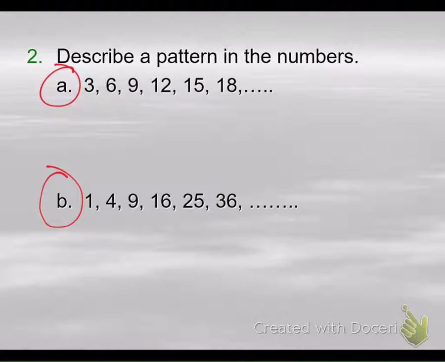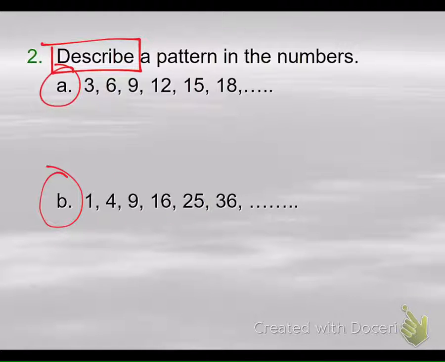I am going to read you the directions, so it says describe the pattern in the numbers. So you don't have to finish the pattern. You don't have to guess what the next number is. We're just describing it using words. So from a 3 to a 6 to a 9 to a 12 to a 15 to an 18, what's going on?